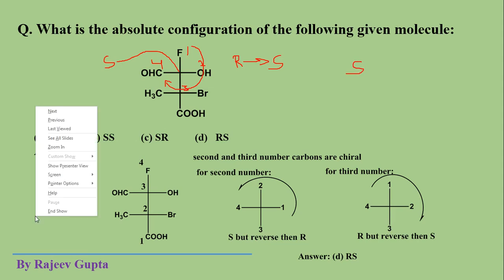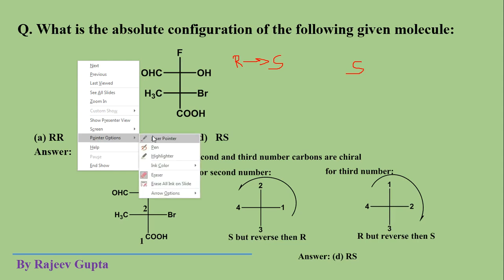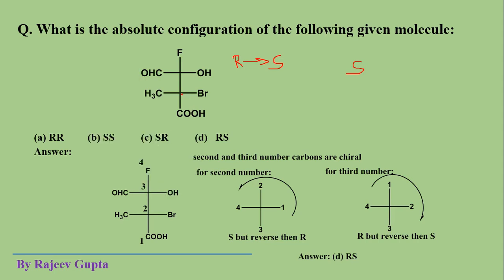Now consider this second chiral center. Assign all four priorities accordingly. This carbon atom is directly attached to bromine, carbon, carbon, carbon, so bromine gets first priority. Now for these carbons, we move towards the next atom and apply the third CIP rule.